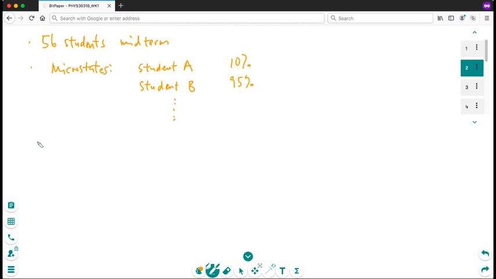What is the thermodynamics analog for this? That is the macroscopic way of looking at the same thing. In the macroscopic way, I will simply say, I have 56 students, and the average score is, I don't know, 65%.